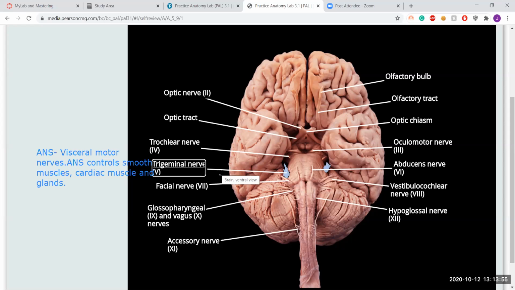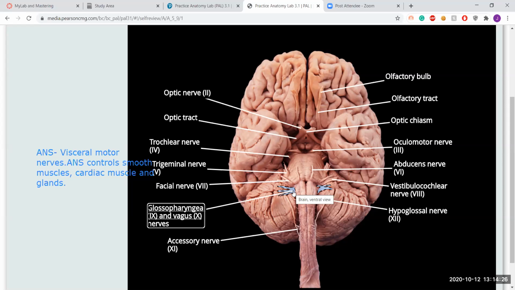The trigeminal nerve's function is to get sensation in the eye area and in the maxilla and mandibular area. Facial nerve: facial sensation and some motor function in the face. Then there is glossopharyngeal. Glosso means tongue and pharyngeal means pharynx, so it has a function in the sensation of the tongue and pharynx.